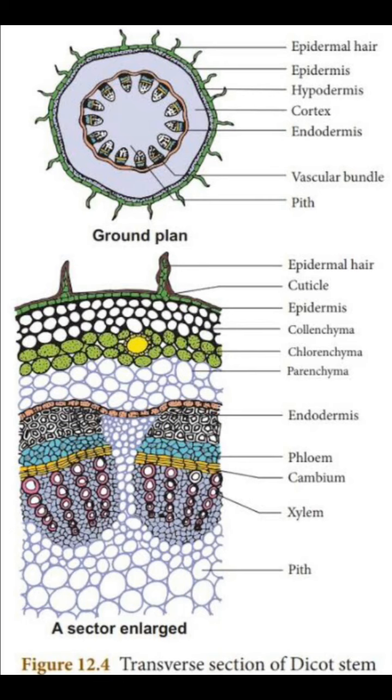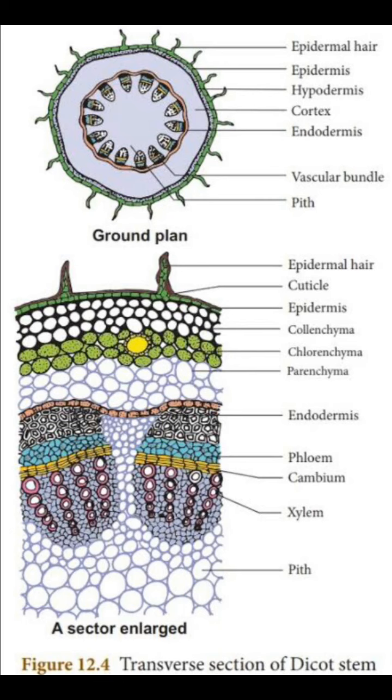In between the vascular bundles there are a few layers of radially placed parenchyma cells which constitute medullary rays. A large number of vascular bundles are arranged in a ring.